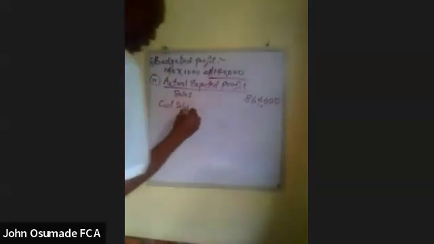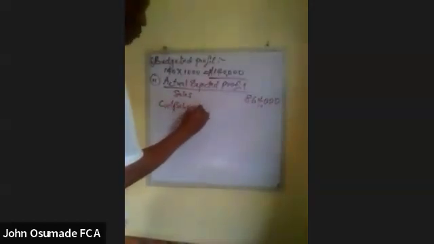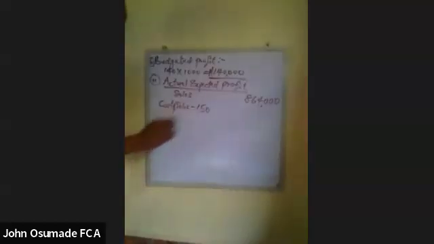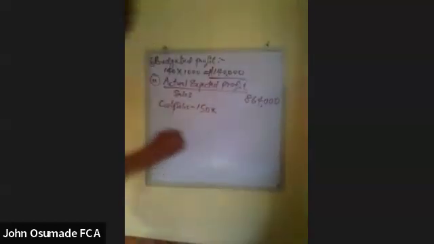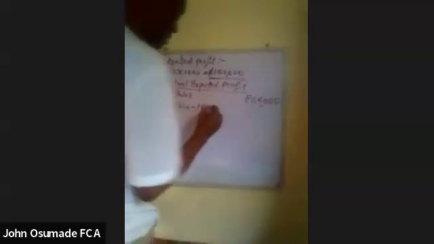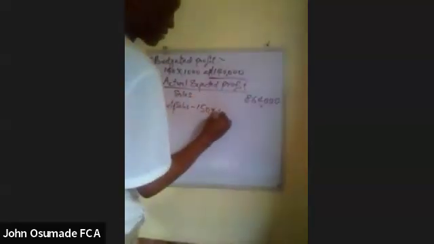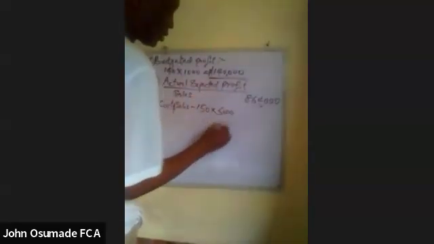What it means is that what should be absorbed, that is 150 times, what's the cost? Budgeted cost or standard cost is 5,000 in the equation.